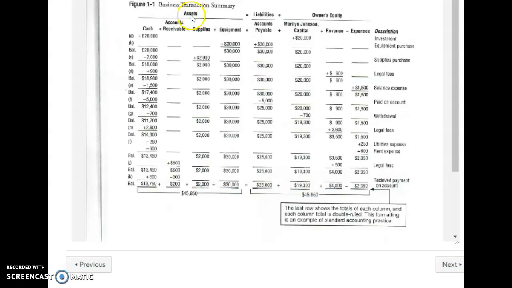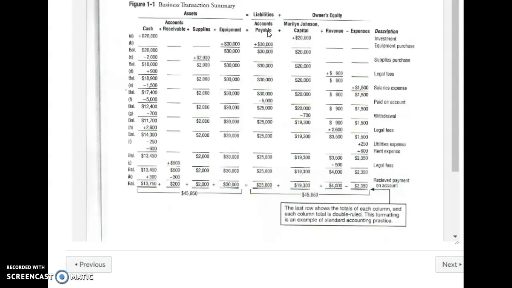So also on the assets, in this problem, you have 4 assets. You have cash, accounts receivable, supplies, and equipment. And they are all assets because they have value and they are owned by the company. Liabilities, you have accounts payable is your only liability. And remember, a liability is a debt.